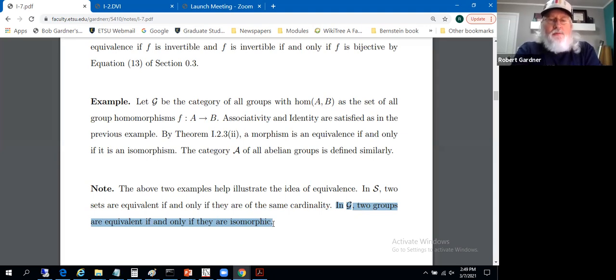So that sounds like a reasonable example of a category. Two groups are equivalent if they're isomorphic. They're structurally the same. How do you feel about the set thing? Two sets are equivalent if they have the same cardinality. What's the structure of a set?